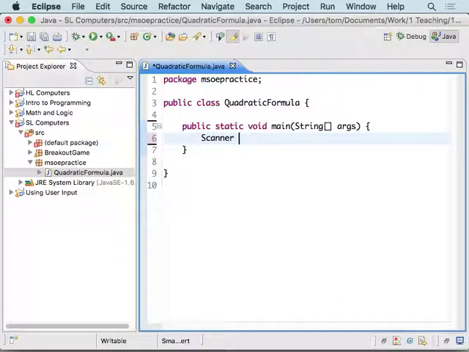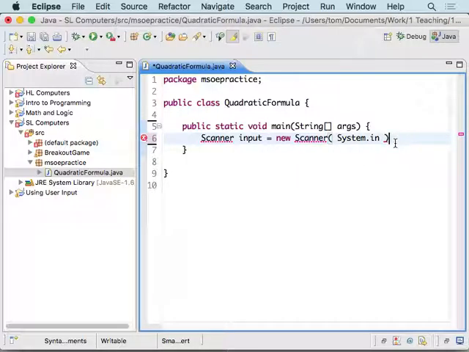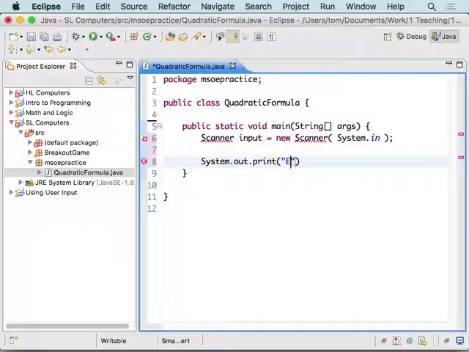So the first thing that we're going to do here is create a scanner for input. So system.in is the thing that we're going to be scanning.